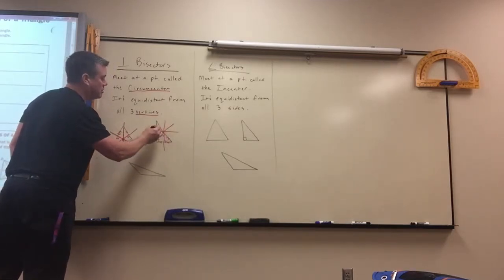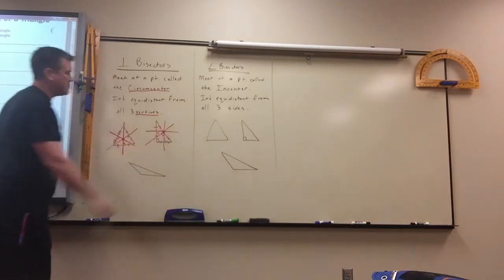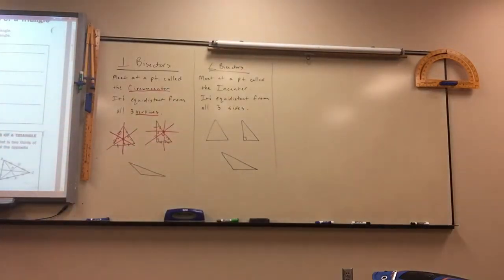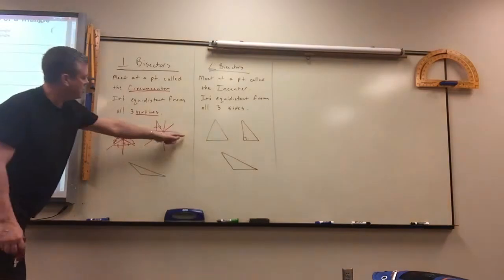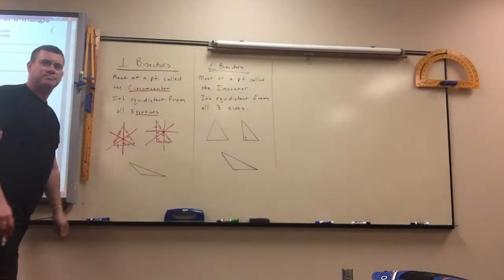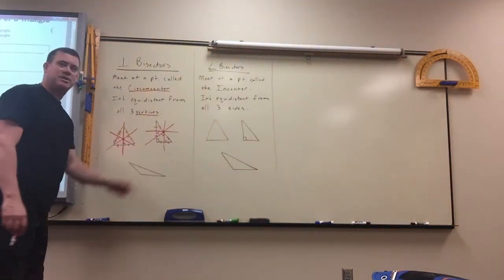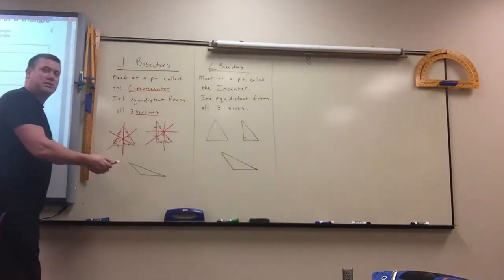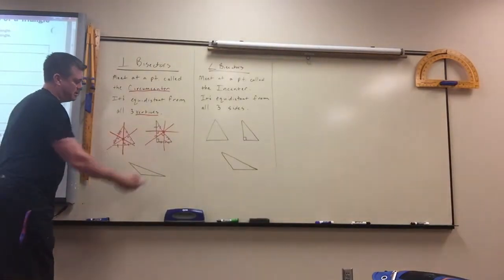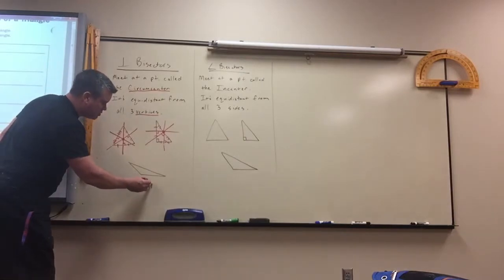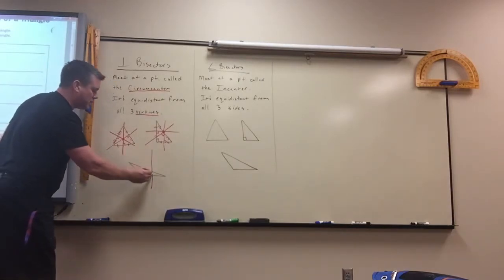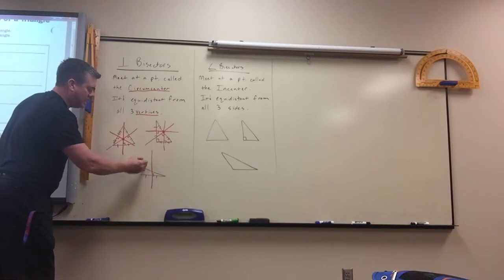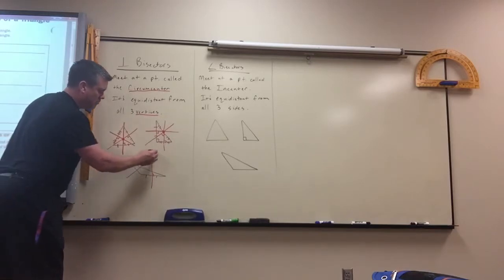The perpendicular bisector of the bottom leg would be parallel to the other leg, and this would be parallel to that side. The reason why is because same side interior angles are supplementary, or corresponding angles are equal. If it's an obtuse triangle, it's going to meet outside, right there.